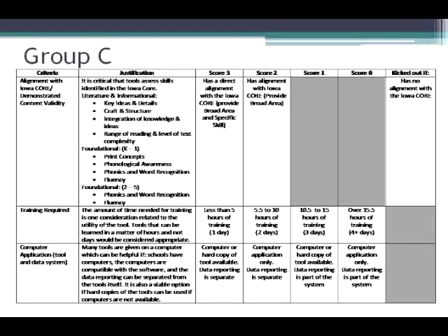The training required was also considered to be an important consideration, and the standards are similar. Same thing for computer application. Having a computer application, whether it's for administration, scoring, and or data management, was seen as a strong plus and something that is an important consideration in the state and across the country.